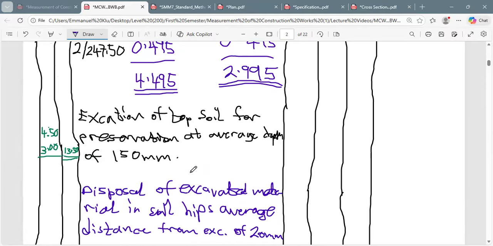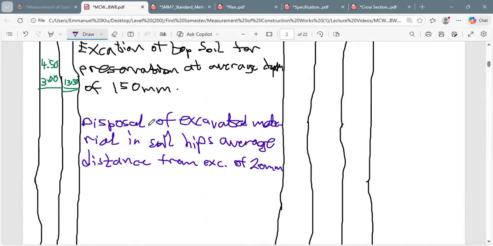And then the next thing we have to move on to is the trench excavation. What we did is just topsoil there. You yourself know already, excavation of topsoil is what we did. So we have to now come to excavation of trenches.